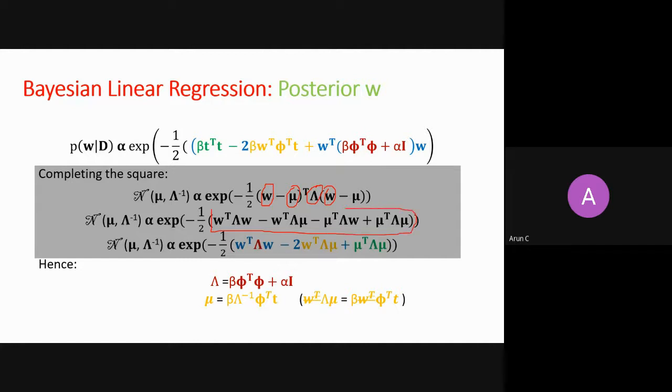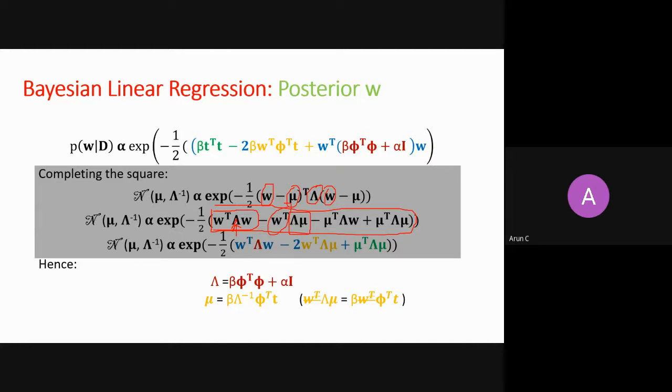In this, you see that you have one quadratic term, W transpose lambda W. It means in between you have sandwiched what? The precision matrix, and on both sides you have W. So it is a quadratic form of W where the precision matrix is sandwiched between these two things. Then there is a linear term in terms of W, and the rest are the multiplication of the precision matrix and your mean.